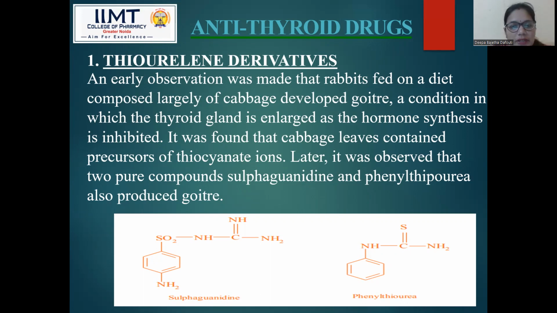It was found that cabbage leaves contain precursor of thiocyanate ions. Later, it was observed that two pure compounds, sulfaguanidine and phenylthiourea, also produce goiter. So, these are the structures of sulfaguanidine and phenylthiourea. These are the thiourylene derivatives.